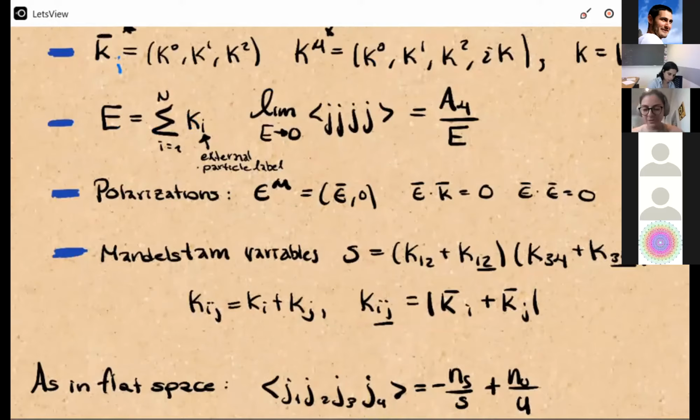From the example I showed you before, we have something like this for the A(1,2,3,4) color-ordered amplitude. This expression wasn't special for the nonlinear sigma model, and it's not special for Yang-Mills. It's generic for any color theory in the adjoint. So we have the same literal expression here in terms of this n_s and n_u that we can write in the BCJ form.